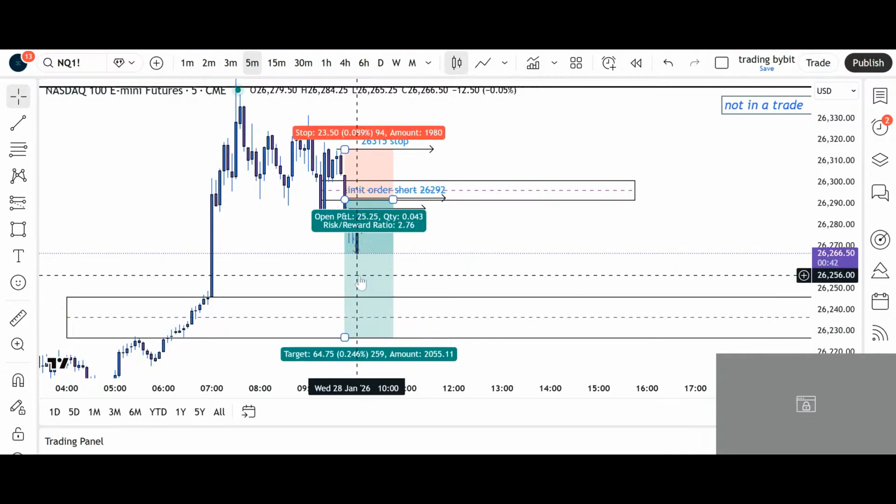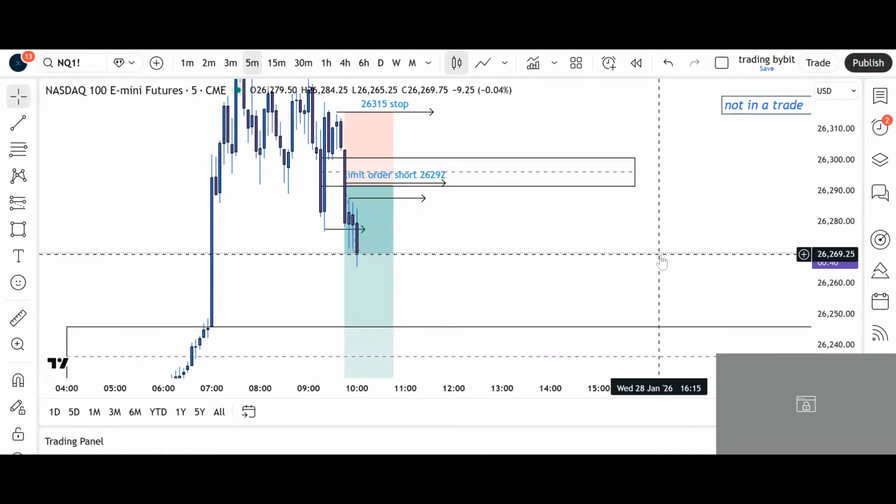Yeah, if this moves any further down, I'm even taking the limit order off. It's gonna be no use anyway.